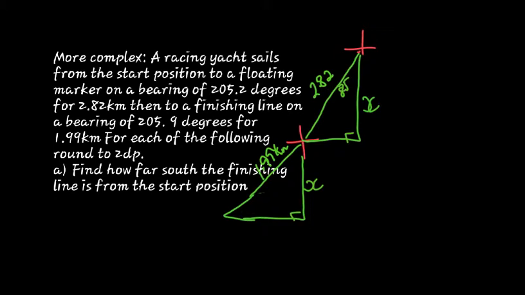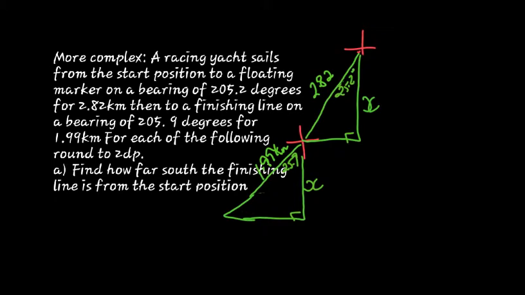Let's rub that out. 205.2 minus 180 is going to give us 25.2 degrees in here. This is also 180, and so this is going to be 25.9 degrees in here. Okay, so we've got an angle. We're looking for the adjacent, and we have the hypotenuse.